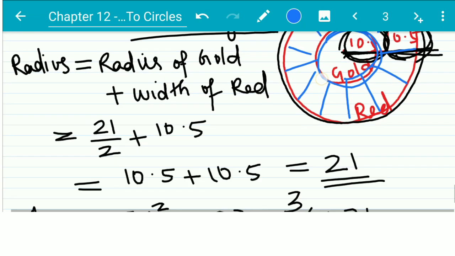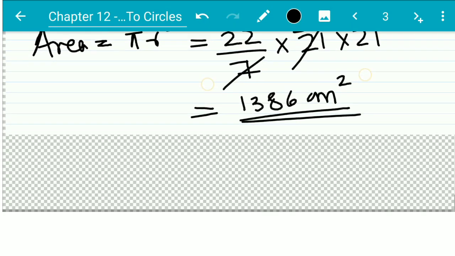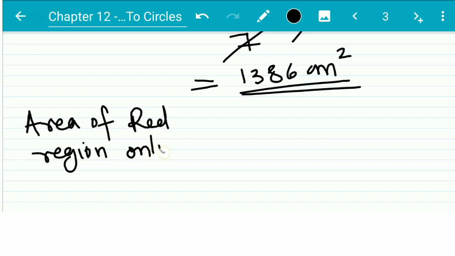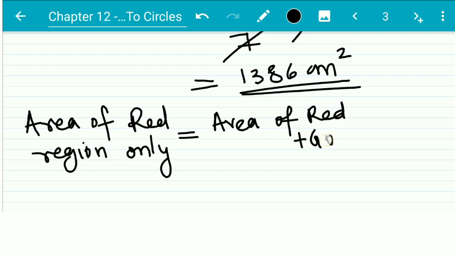So write area of red region only equal to area of, what we found now? Area of red including gold. That means area of red plus gold minus what we need to subtract? Inner part. What is the inner part? Area of the gold. Area of gold.